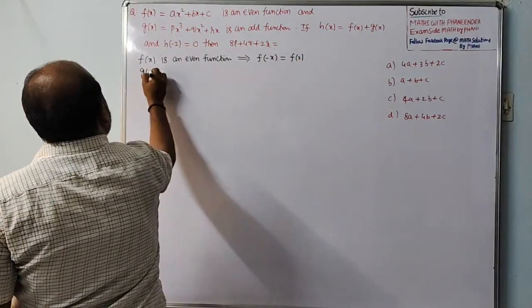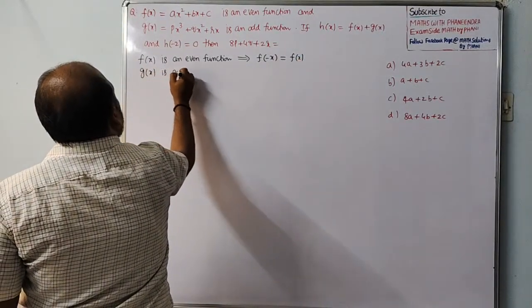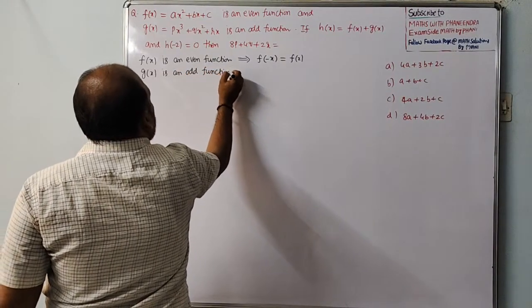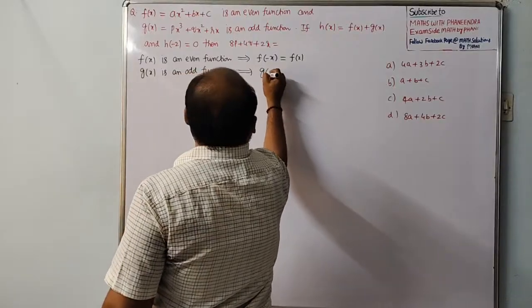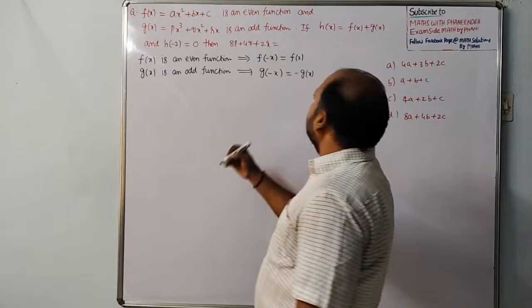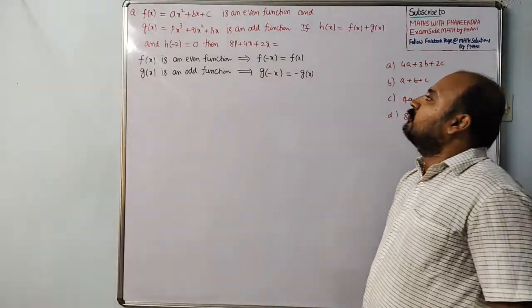Similarly, g of x is an odd function, that implies g of minus x is equal to minus g of x. Okay, dear students, I hope you understand.